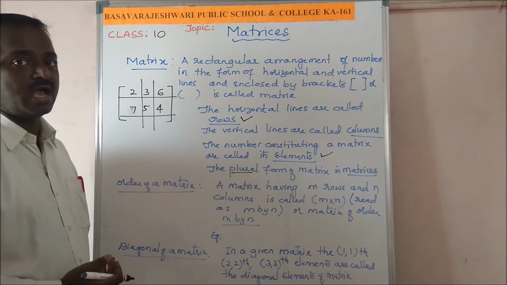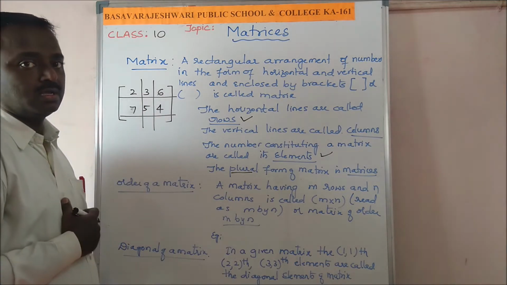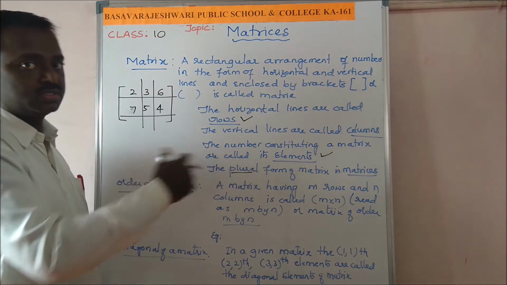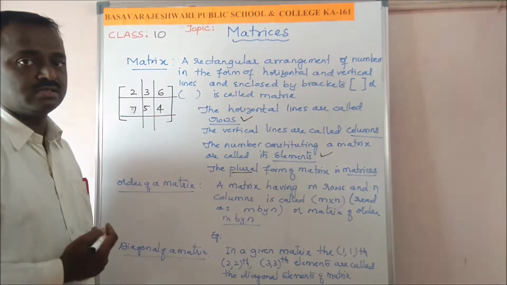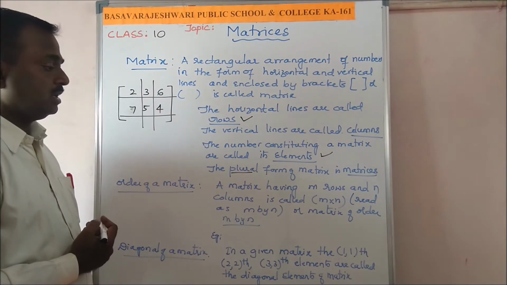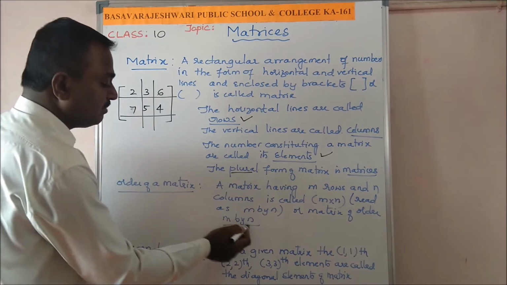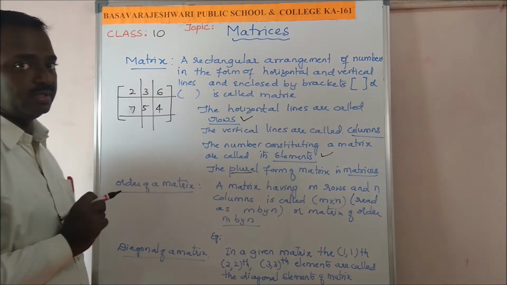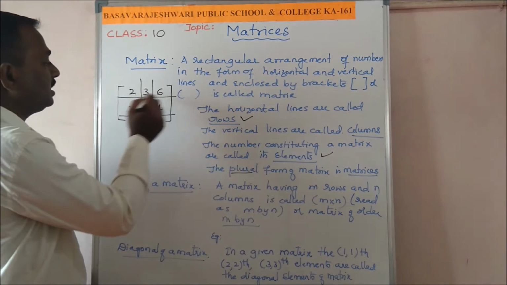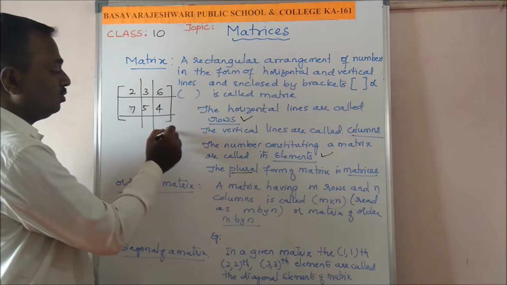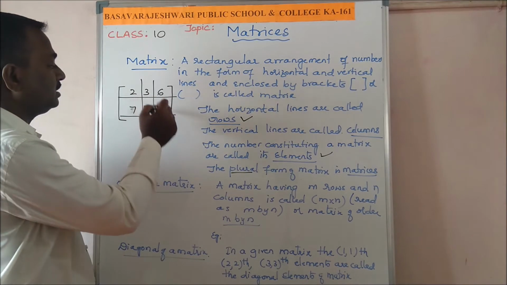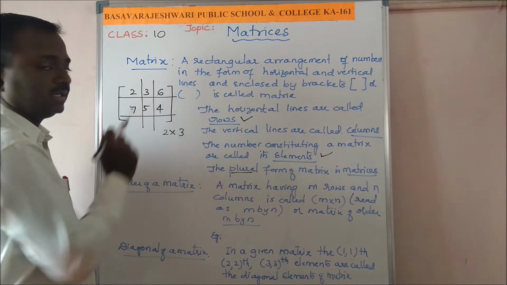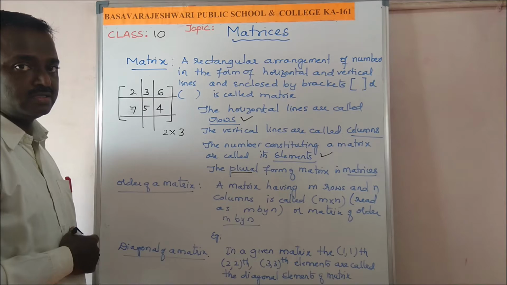Now, the order of the matrix. Suppose a matrix has m rows and n columns, then its order is called m into n, that is m by n, or a matrix of order m by n. For example, how many rows are there? 2 rows. 2 into how many columns? 3 columns. The order of the matrix is 2 by 3.